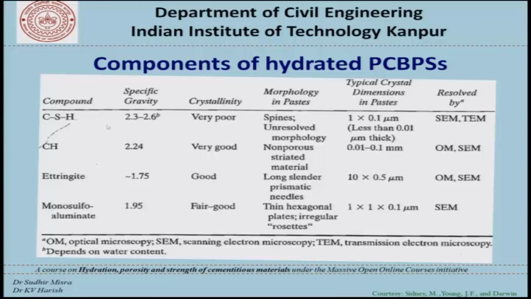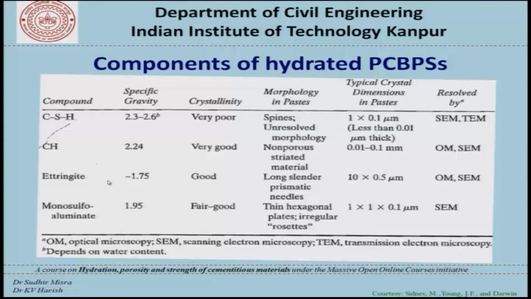Now, the four major compounds are listed, and what this table shows briefly are some of the important morphological or microstructural properties. Specific gravity ranges from 2.3 to 2.6 for calcium silicate hydrate, calcium hydroxide about 2.24, ettringite 1.75 and monosulfoaluminate 1.95.